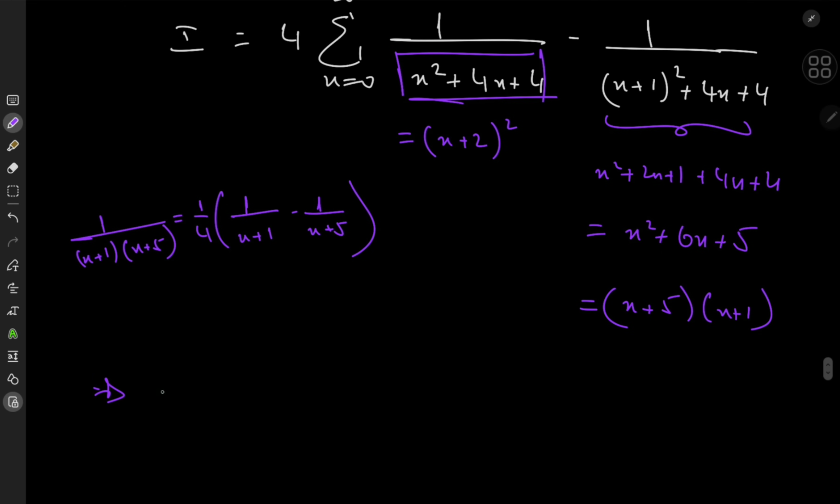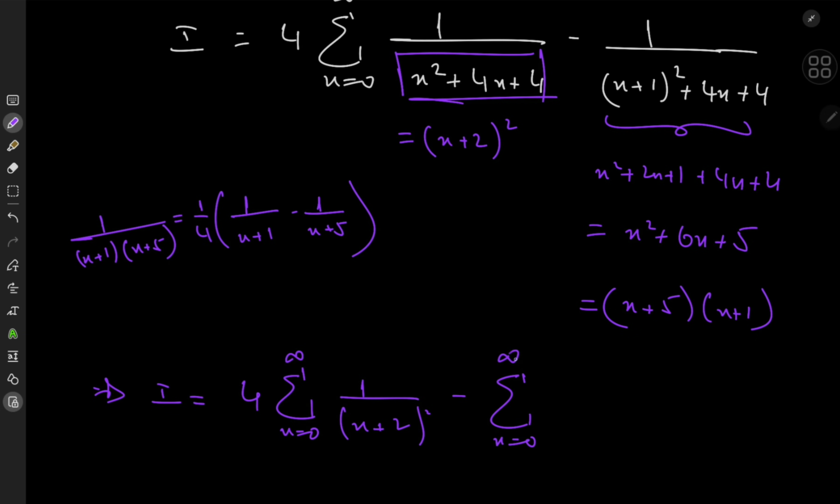So this implies that I here equals 4 times the sum over n from 0 to infinity of 1 over n plus 2 squared minus 4 over 4, so there's some cancellation there, the sum over n from 0 to infinity of 1 over n plus 1, terribly sorry about that, minus 1 over n plus 5.